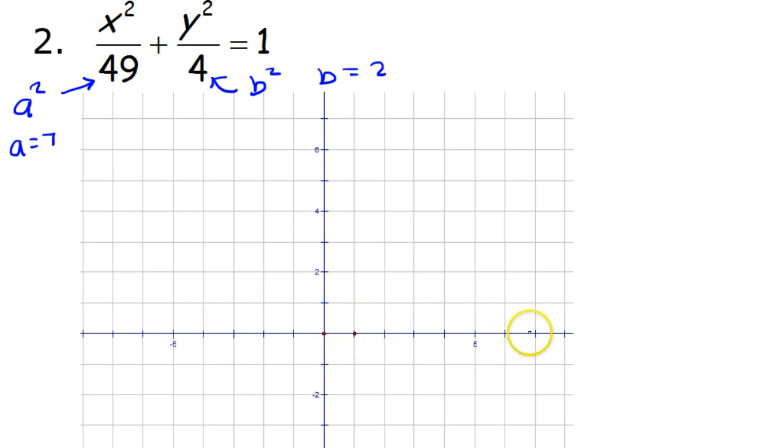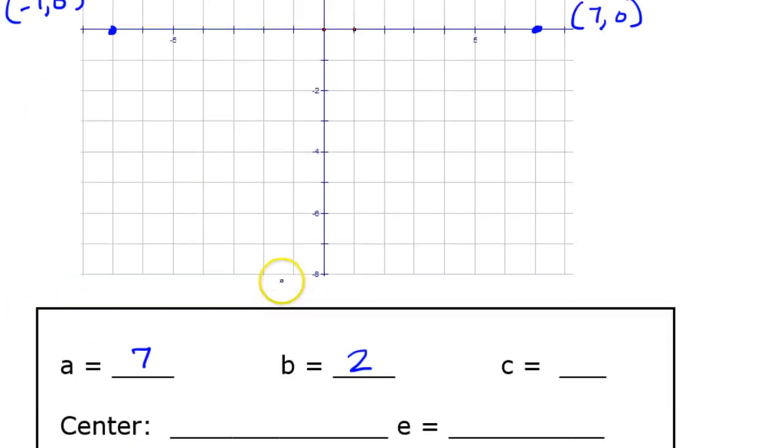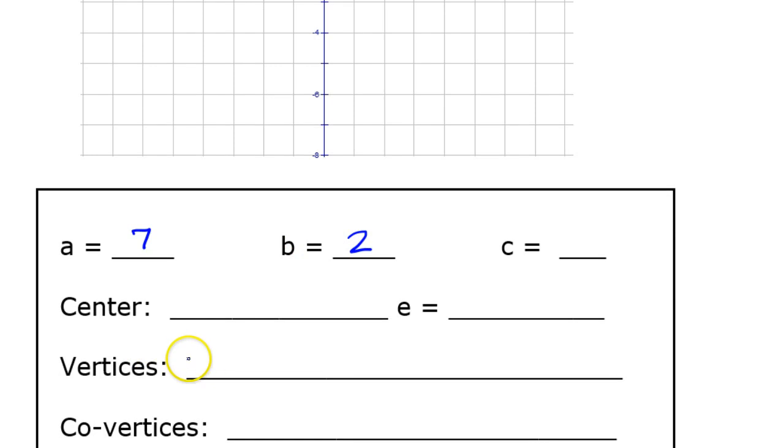So I'm going to go 7 to the right, so I've got 7 comma 0, and I'm going to go 7 to the left. That's negative 7 comma 0, and those will be my vertices. Negative 7 comma 0 and 7 comma 0.